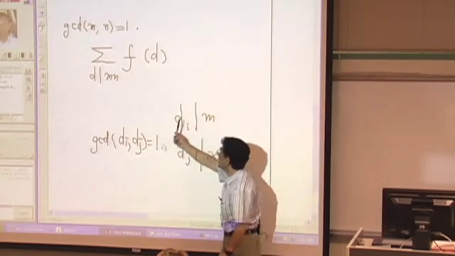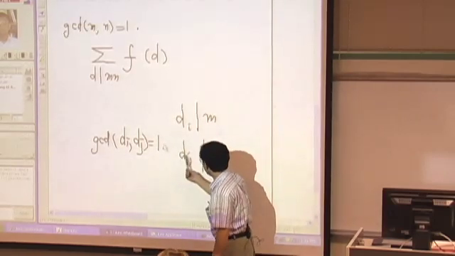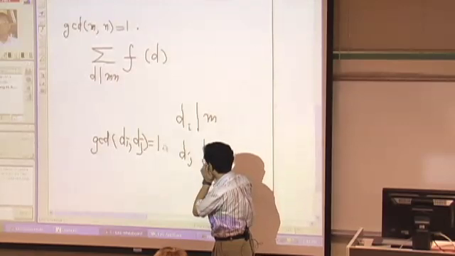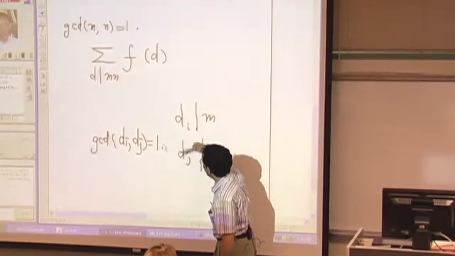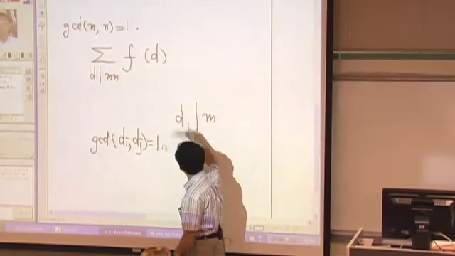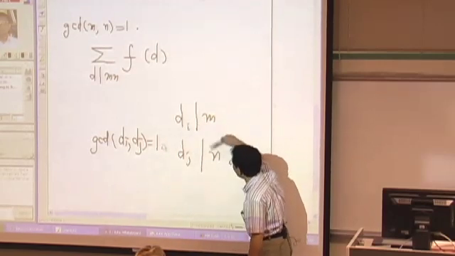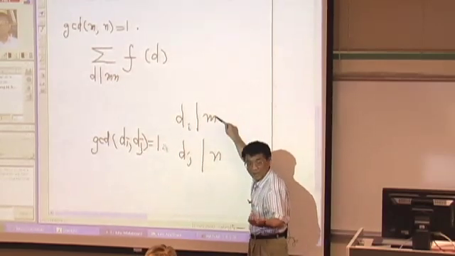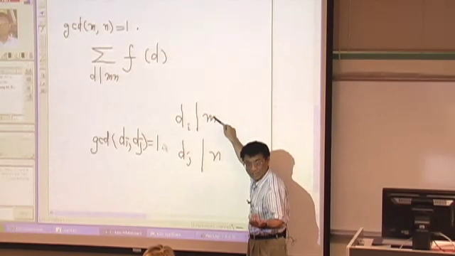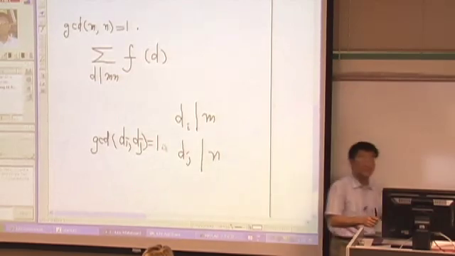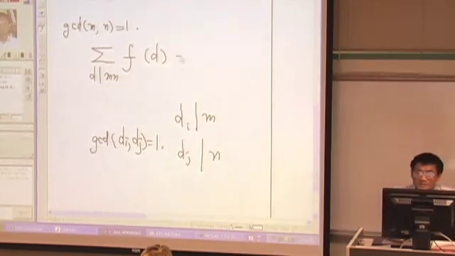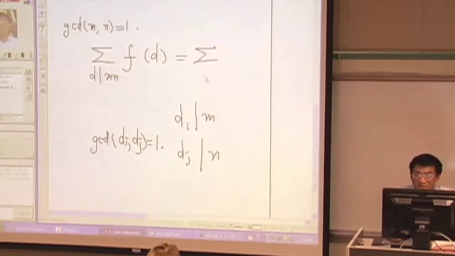In other words, if d_i divides m and d_j divides n, then they cannot have a common factor. If they had a common factor, then m and n would have a common factor greater than 1. Do you get it? So it's impossible. Because of this reason, we can rewrite this sum using 2 divisors.